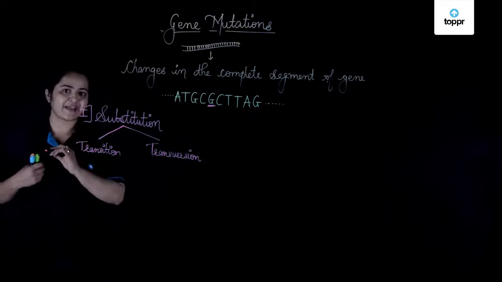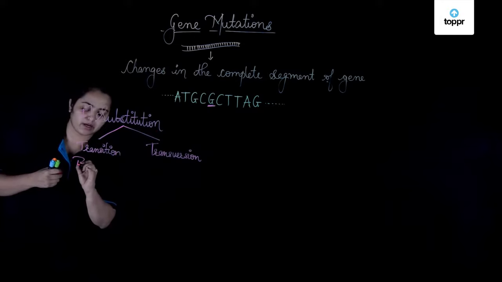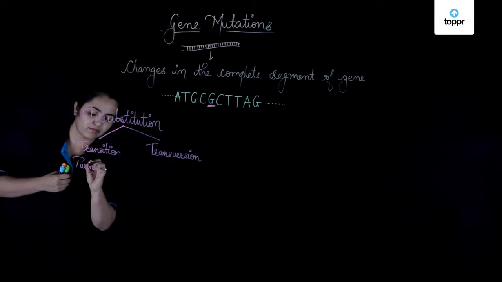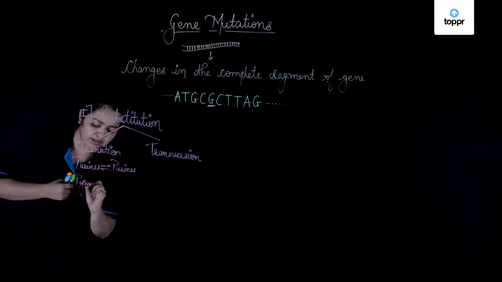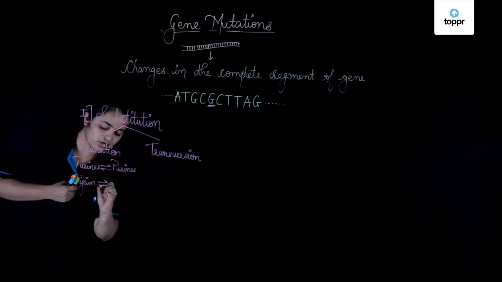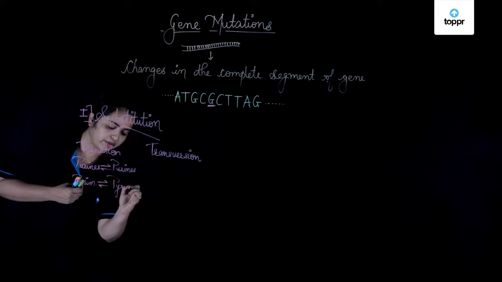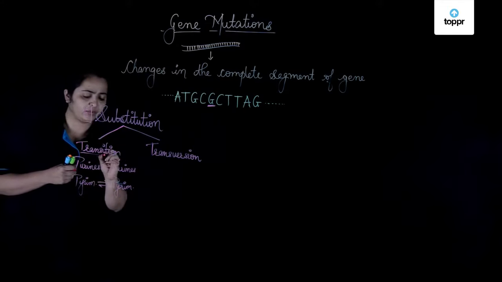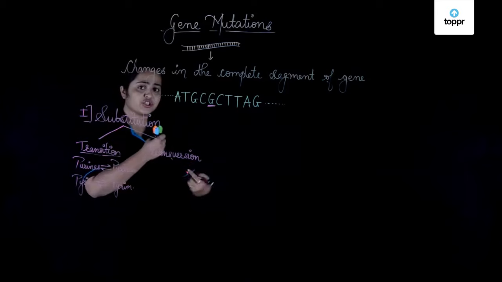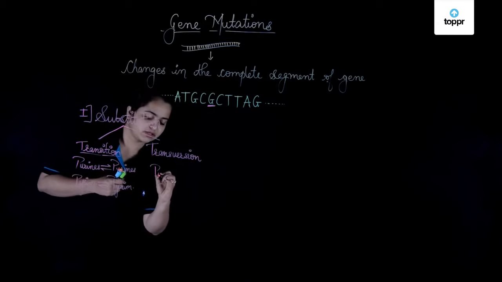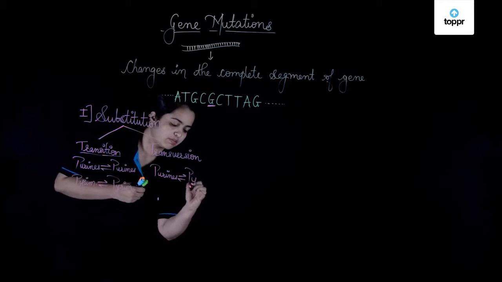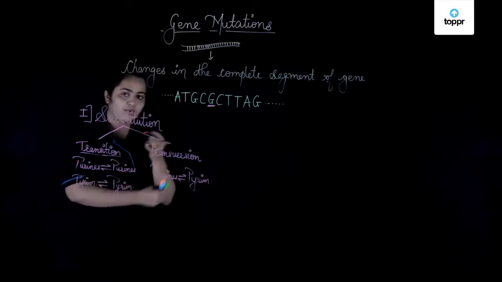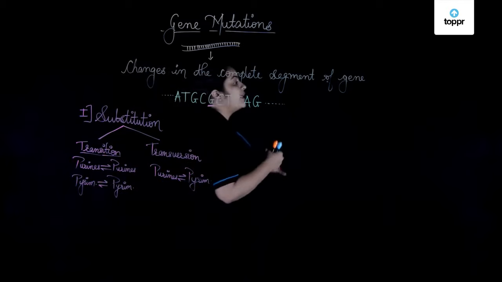Yes, so my purines getting changed with purines or pyrimidines changing to pyrimidines. Yes, that would be transition. Transversion will be exactly opposite. Purines changing to pyrimidines and vice versa. Correct? That would be my substitution.